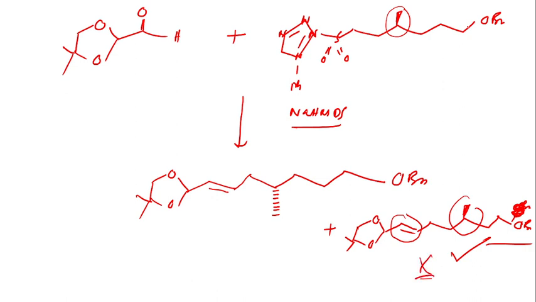Why? You look at this OBN, this is upside, and they have made this OBN downside. It means the same molecule, just make a rotation about this bond. If it is rotated around this bond, this is going to come down. That is the answer, because this and that are the same thing. So this is the mistake catching point.